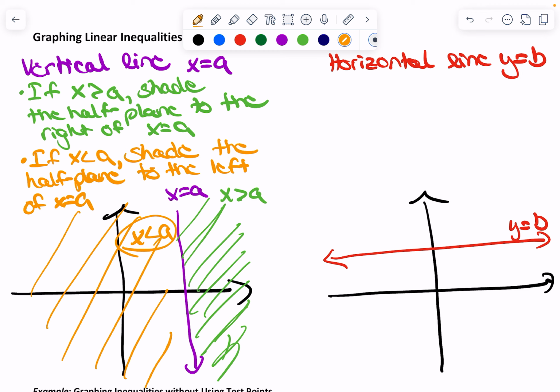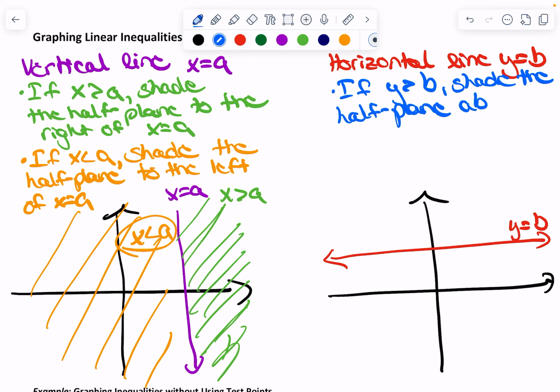Okay, for the horizontal line, if y is greater than b, shade the half plane above y equals b because the values are greater over here.